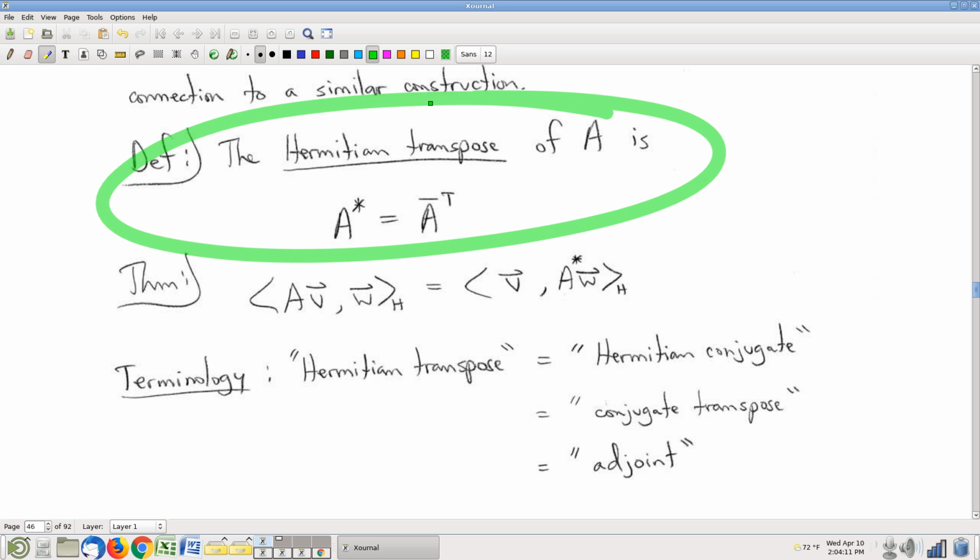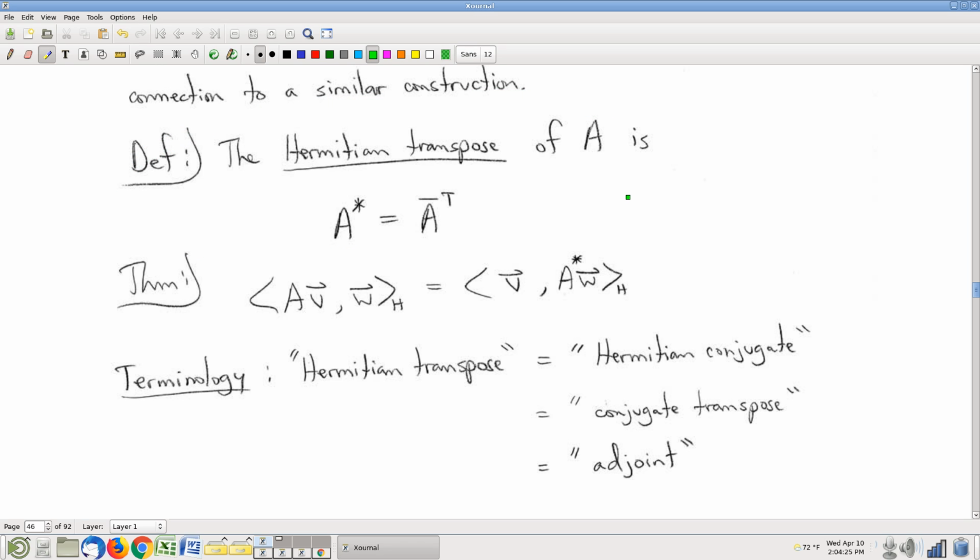Very natural terminology to think about it. This is a construction that plays a role analogous to the role of the transpose when you're doing Hermitian stuff. So Hermitian transpose is a great choice of words. The formula is not terribly surprising. It's the conjugate of the transpose of the matrix.